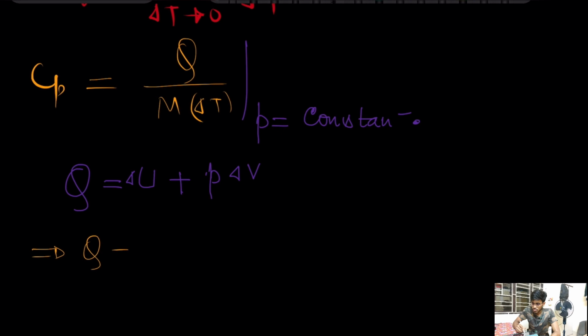My Q is equal to U2 minus U1 plus P into (V2 minus V1).